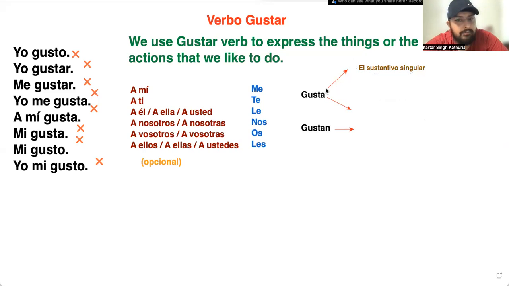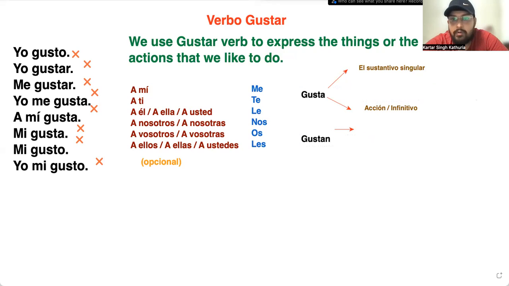I will use gusta, but there is another arrow. It means there is another possibility. So I will also use gusta when we have any action, acción. That is, I will use infinitivo, a verb that is not conjugated. It means the verb will end in AR, ER, or IR.